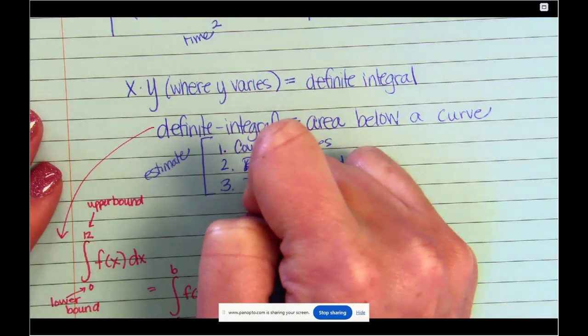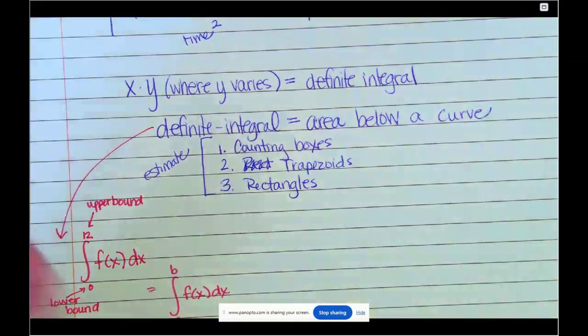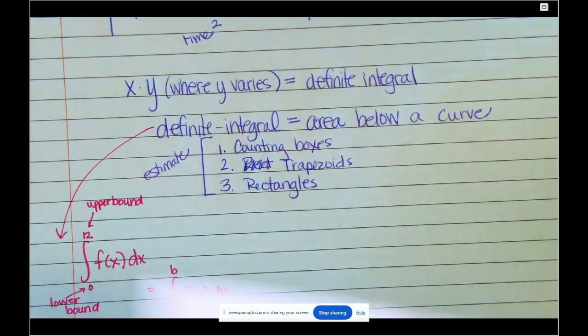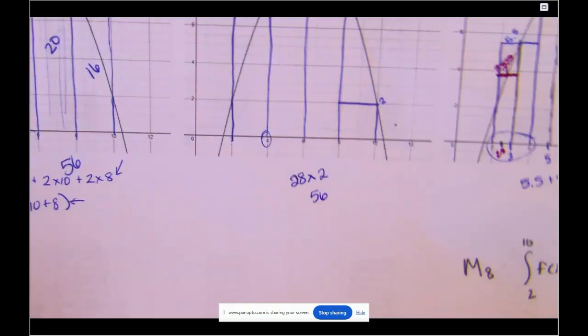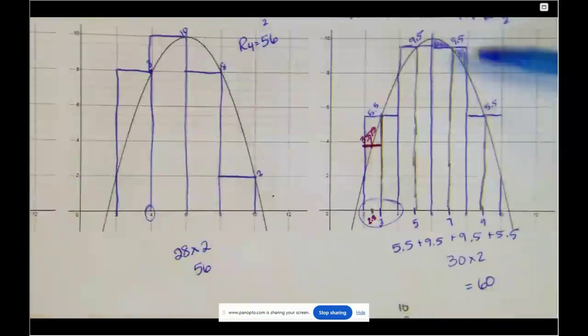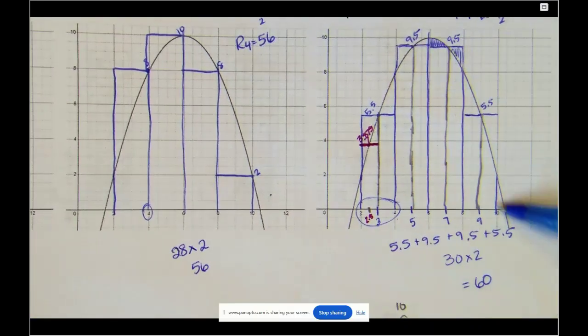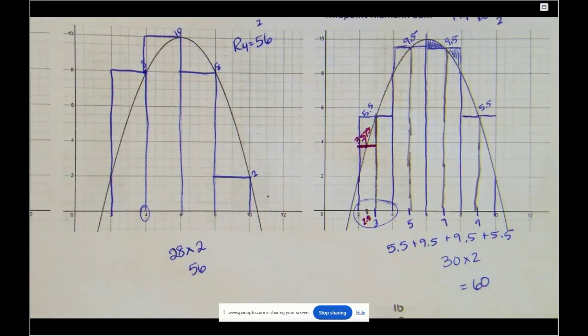Rectangles. I believe the last thing we talked about on your paper was this, right? These notes? So what happens the more rectangles you have? What happens to your Riemann sum? It's more accurate.